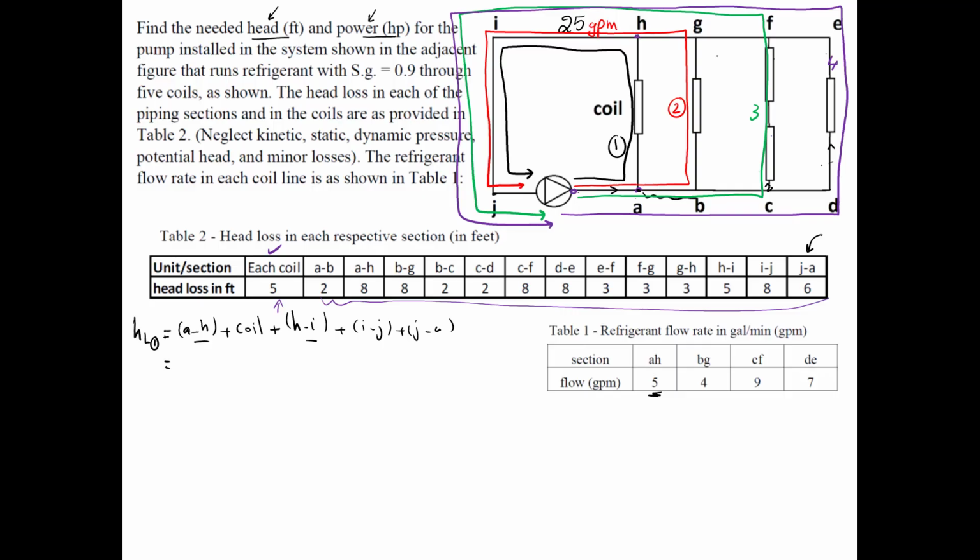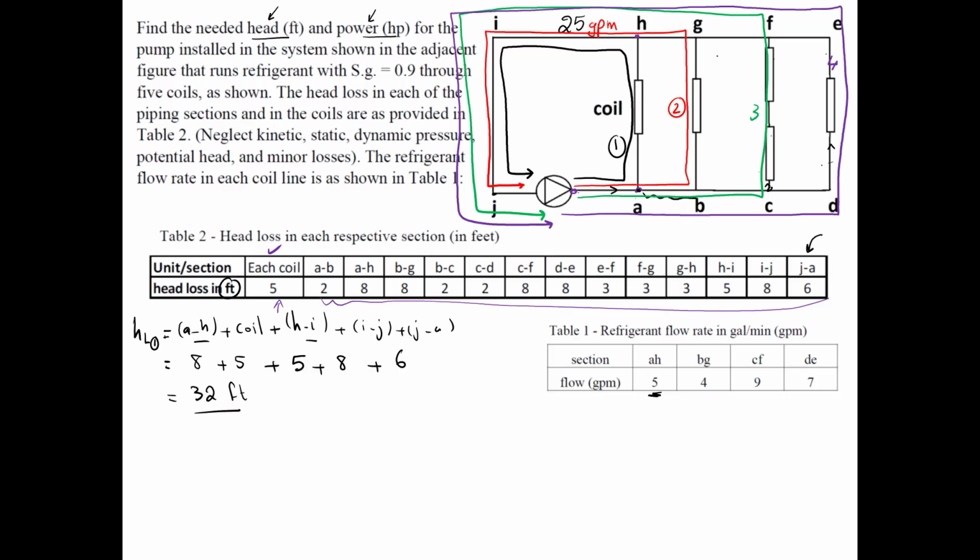So the first one, AH, it's 8, plus 5, that's the head loss in feet, plus HI, 5, IJ is 8, plus JA, that's 6. So this should be 32.